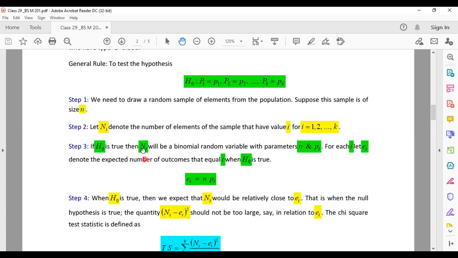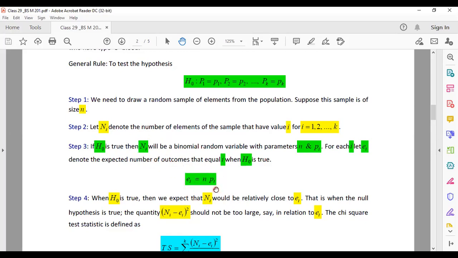Are there any differences between the observed number and the expected number? That is the matter of study. Our theory says that in a particular sample of size n, this should be the expected number of stomach cancer patients. And when I gather the sample, I observe that this is the number of patients having stomach cancer. So this is called the observed frequency, and this is called the expected frequency.